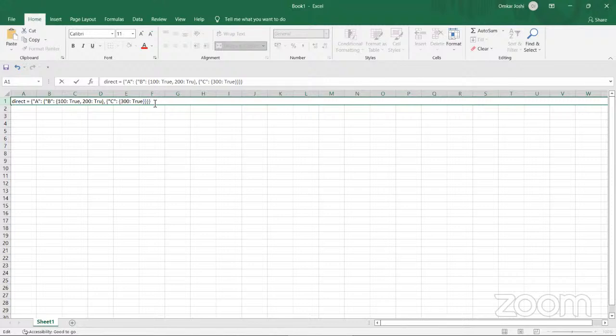Okay, so now we just have 3 stations. Let's assume A, B, C. A is the key in this, no? Yes, A is the key, and against that the value is this dictionary. What does this mean? There is a way to go from A to B, either using train 100 or train number 200. There is a way to go from A to C using train number 300.